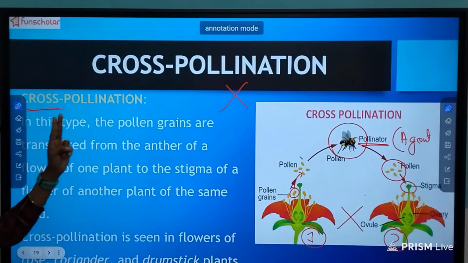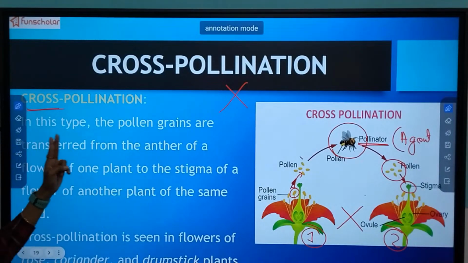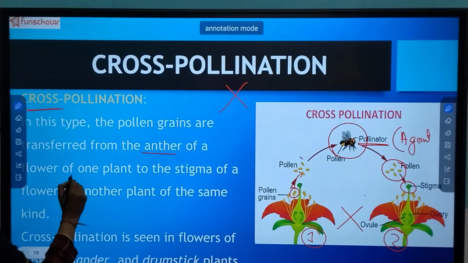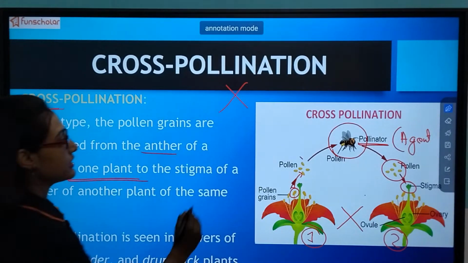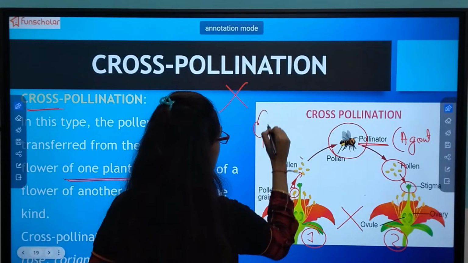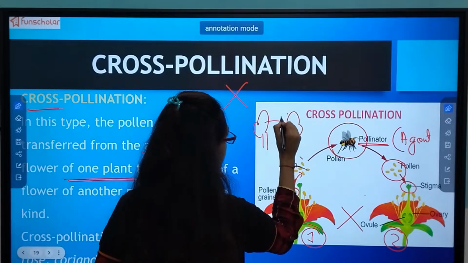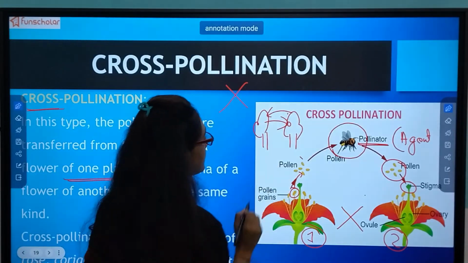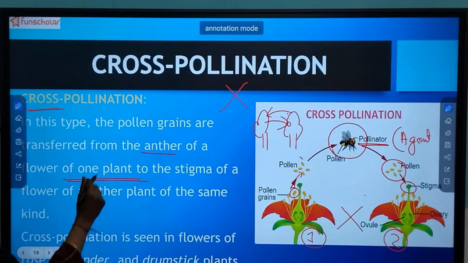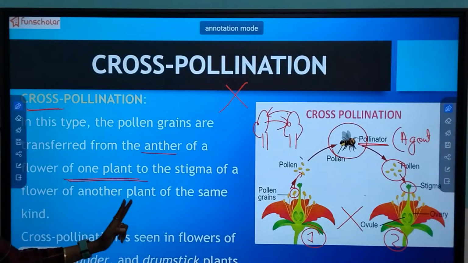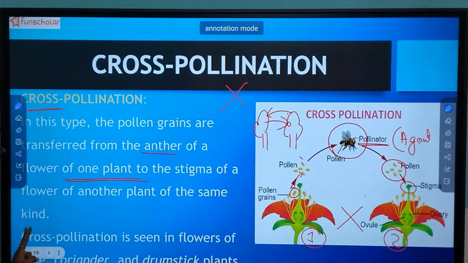In this type, the pollen grains are transferred from the anther of a flower of one plant. Here the plant is also different, from one plant to the stigma of the flower of another plant of same kind.